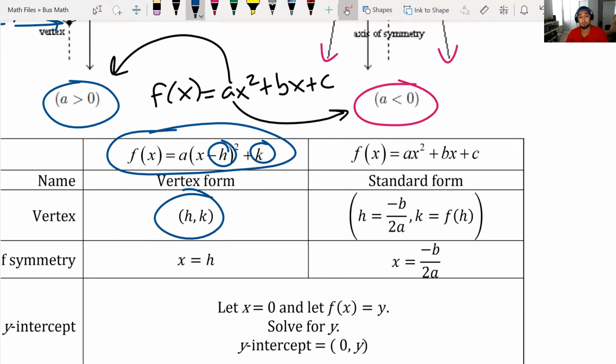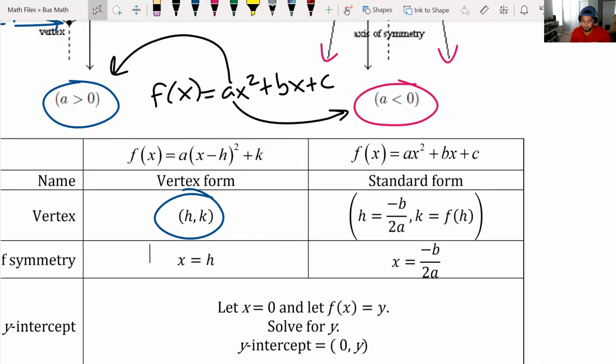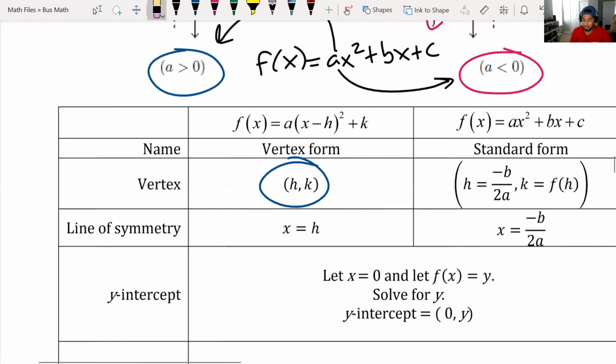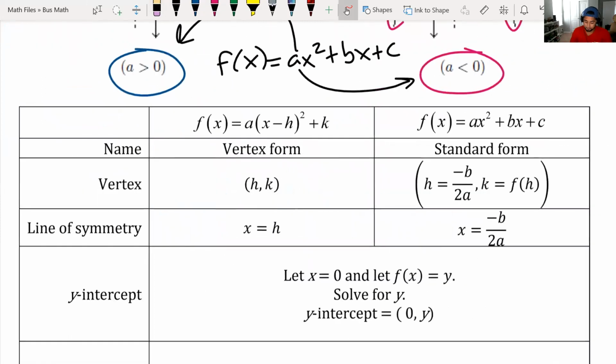And if you have the values h, k, you can then find your axis of symmetry, your line of symmetry. And this one's pretty easy. If you know the h value from your vertex, you know the value for your line of symmetry. Simple as that. That was easy, right?